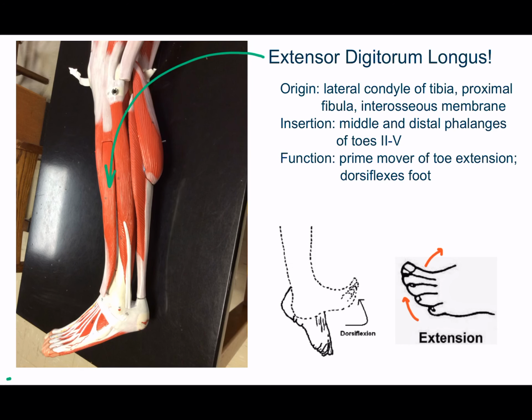The extensor digitorum longus, so it's an extensor of your digits. It's going to originate on the lateral condyle of the tibia, proximal fibula, and the interosseous membrane. It inserts into the middle and distal phalanges of toes 2 through 5. So not your big toe, your little toes. Its function is it's a prime mover of toe extension, which surprisingly is pulling your toes towards your body, and it dorsiflexes the foot.